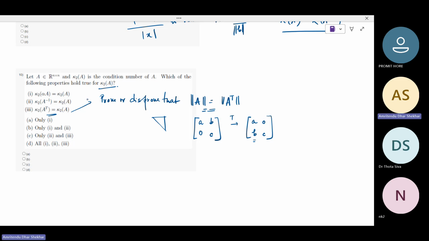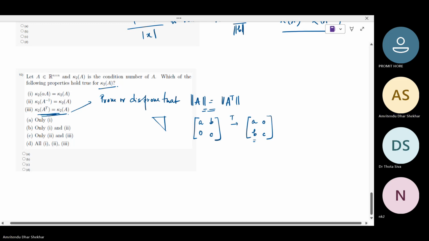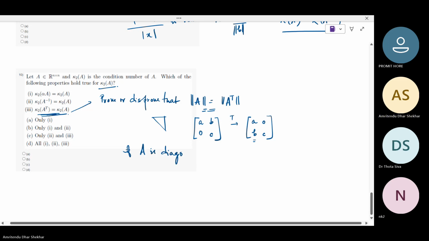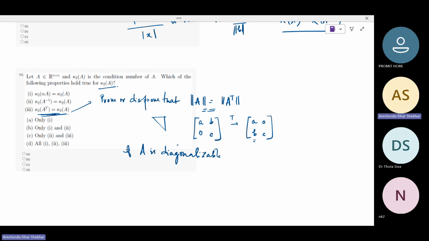I think this is false. I don't think this is true. I can think of conditions when it's true. So, for instance, if A is a diagonalizable matrix, then definitely this is going to be true. Maybe diagonalizable is not right.